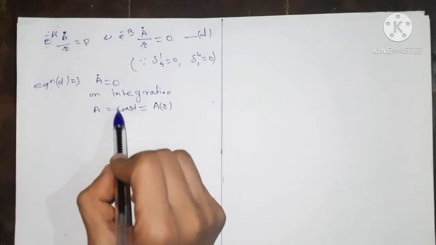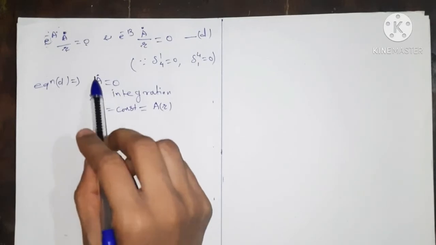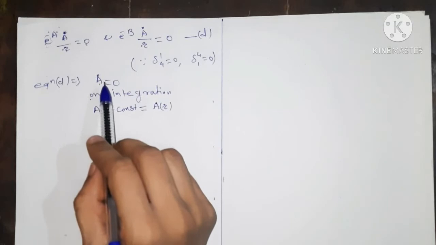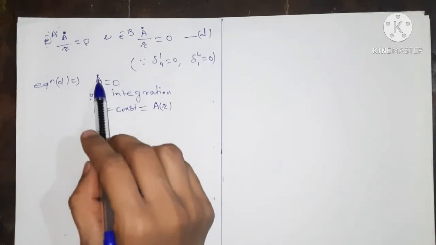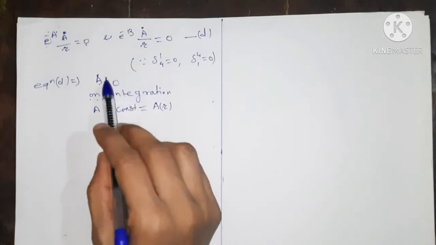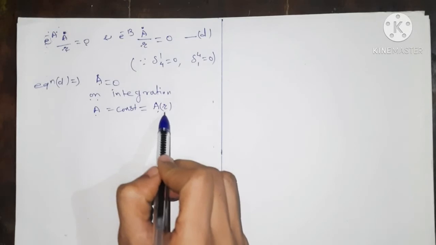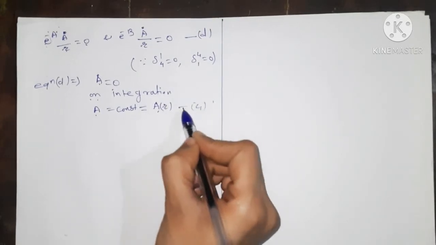Why? Because here we are integrating with respect to t, and a is a function of r and t. So when we integrate, r becomes constant, and therefore we take a as a function of r alone. Okay, and we give this as equation number E.